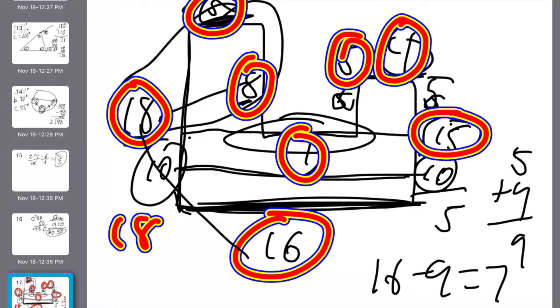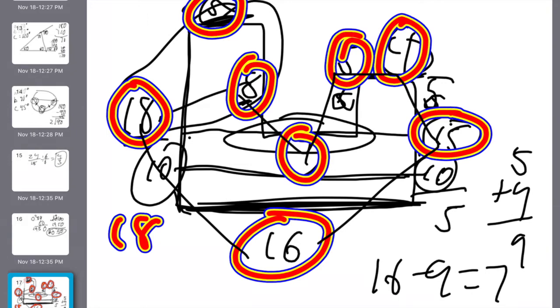18 plus 16 is 34. 34 plus 15 is 34, 39, 49. 49 plus 4 is 53. 53 plus 5 is 58. 58 plus 7 is 65. 65 plus 8 is 73.